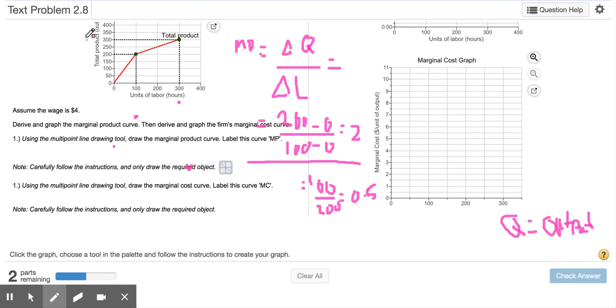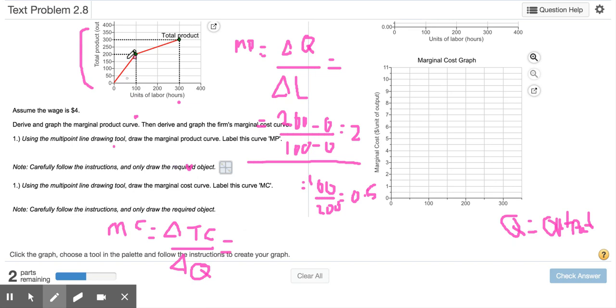In the previous graph, output was on the vertical axis, so we need to be careful. To calculate marginal cost, we first need to calculate total cost. Remember that marginal cost is equal to change in total cost over change in quantity of output.